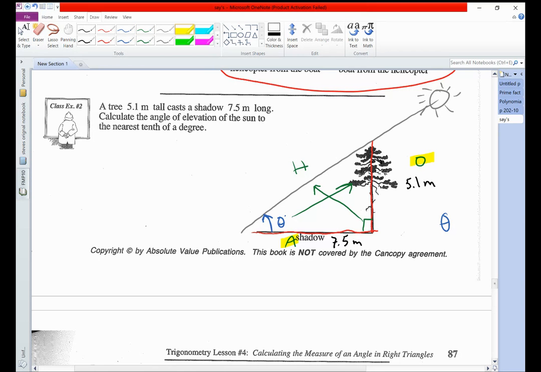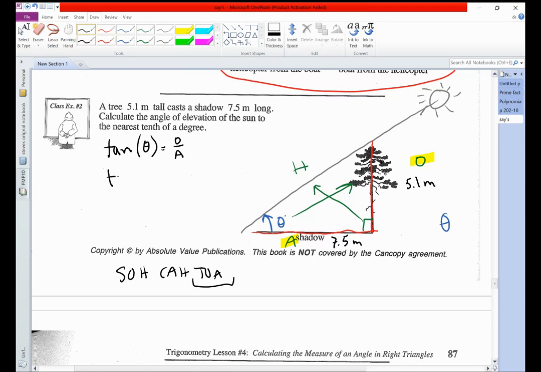If I look at my SOHCAHTOA, I am looking for a tan ratio because I have opposite and adjacent, and tan is the only one that has opposite and adjacent. So tan of theta is equal to opposite over adjacent.